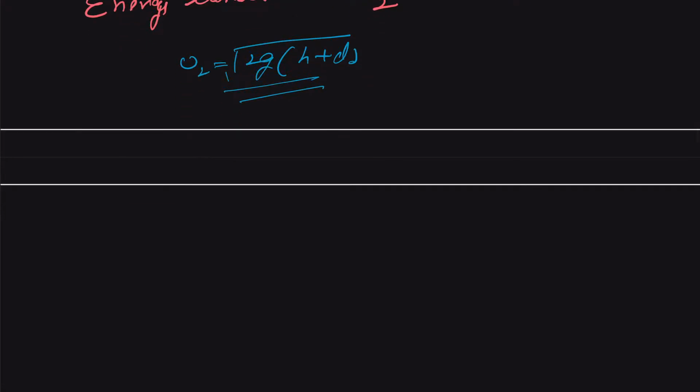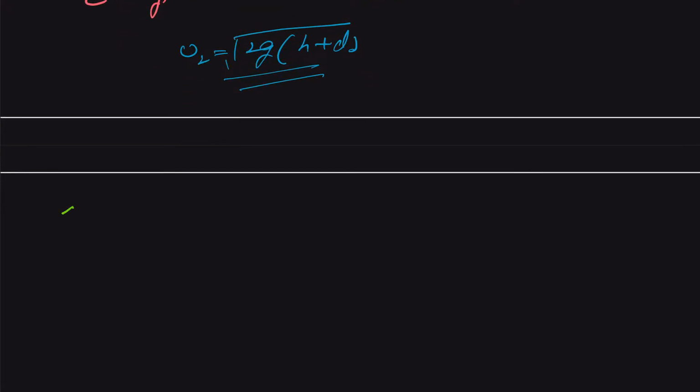So for that, we can say that d is very much less than h. Therefore, the square root of 2g times h plus d, we can write as the square root of 2gh times the square root of 1 plus d upon h.